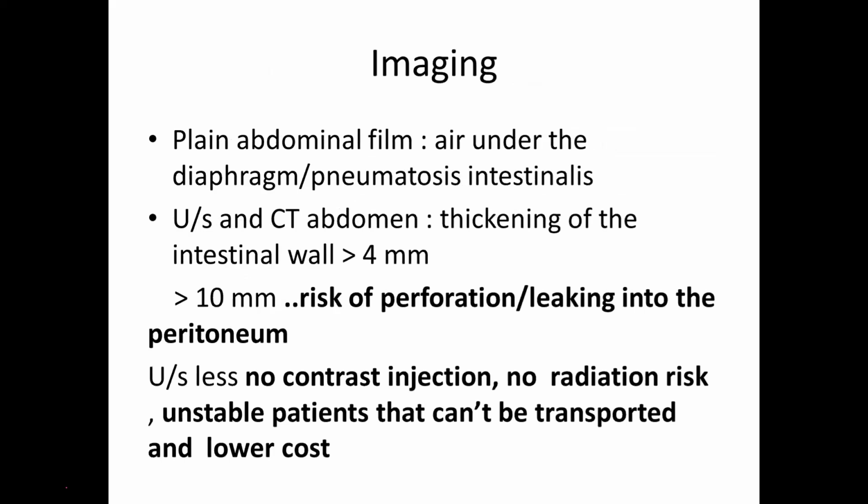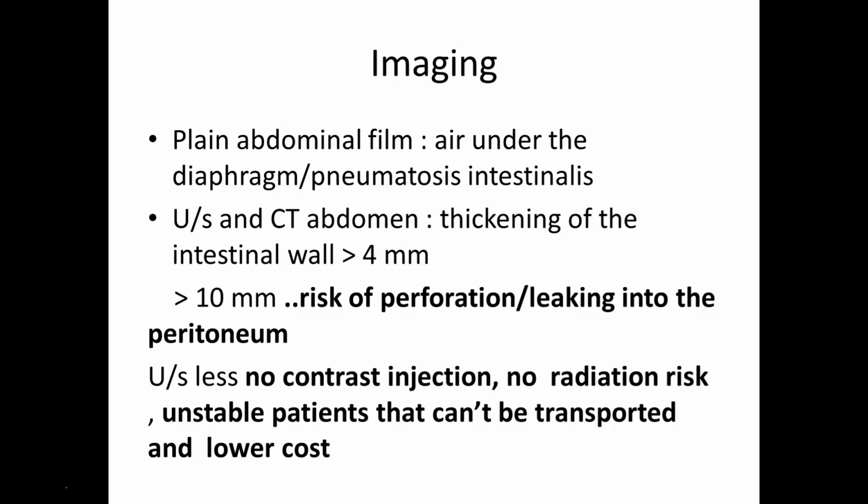Imaging: abdominal plain films can help to identify free air and sometimes pneumatosis intestinalis. But the best imaging modalities are ultrasound and CT abdomen. The intestinal wall thickness should be greater than 4 millimeters.